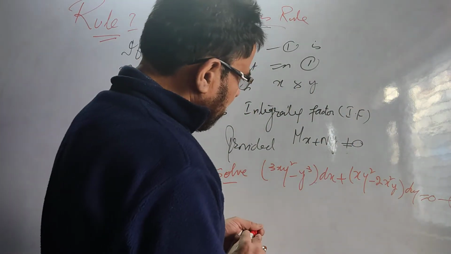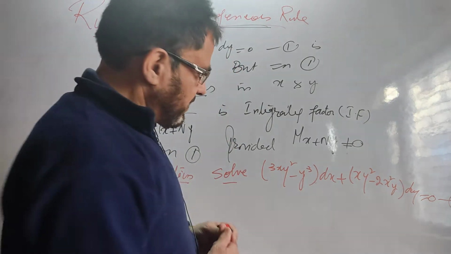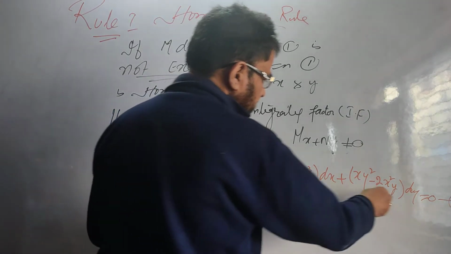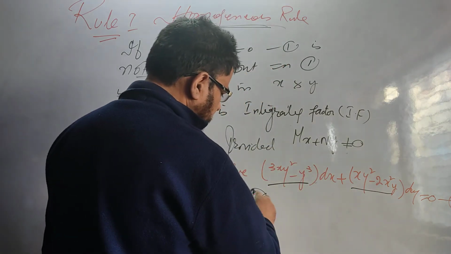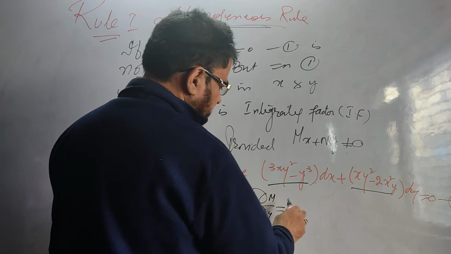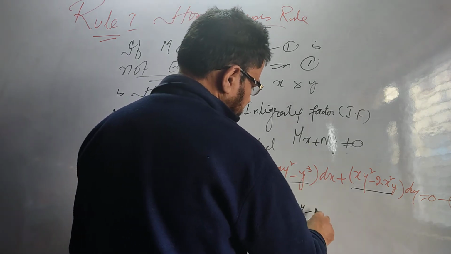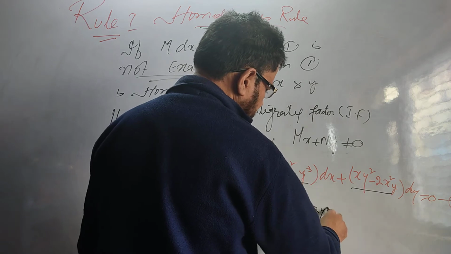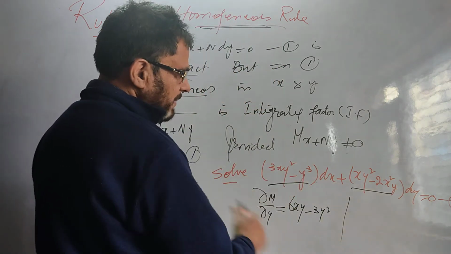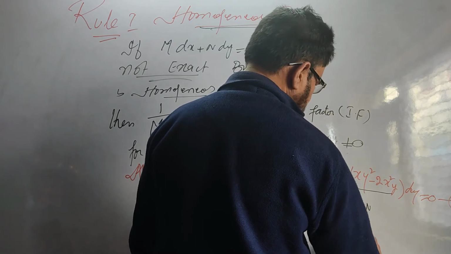If I first look at it on the basis of exactness, this is your M, this is your N. What is the partial of M with respect to y? If you find it, it is 6xy minus 3y². What is the partial of N with respect to x?